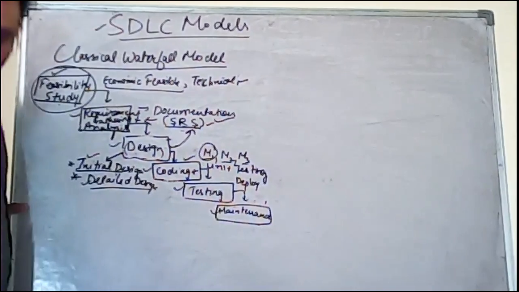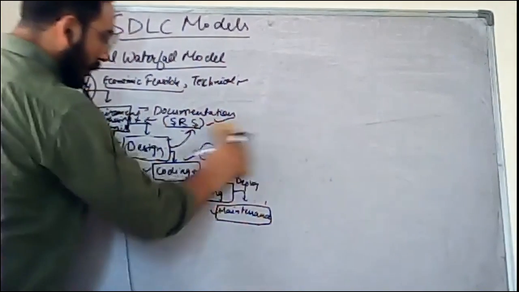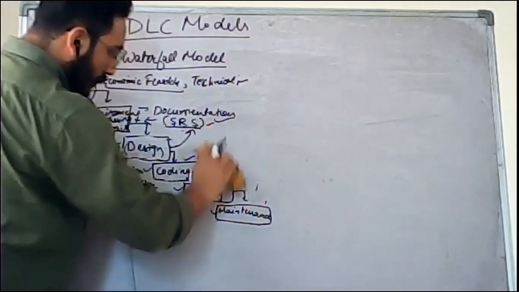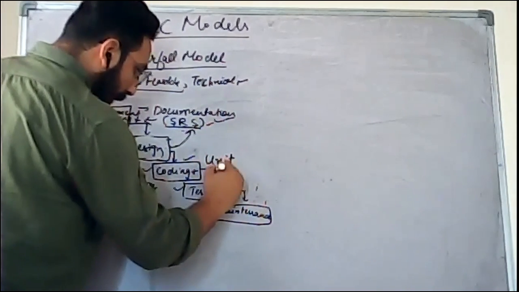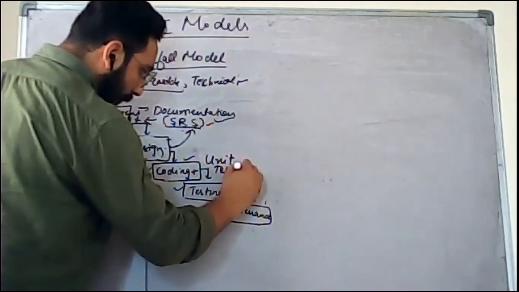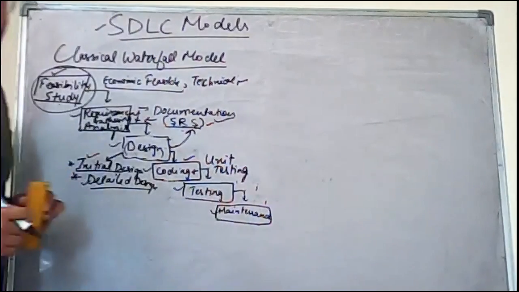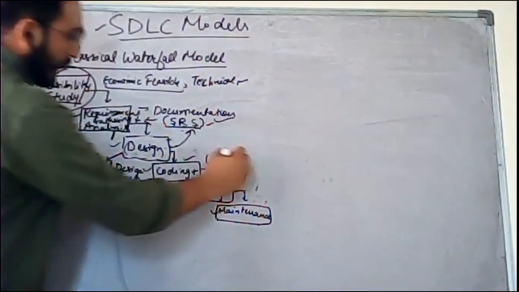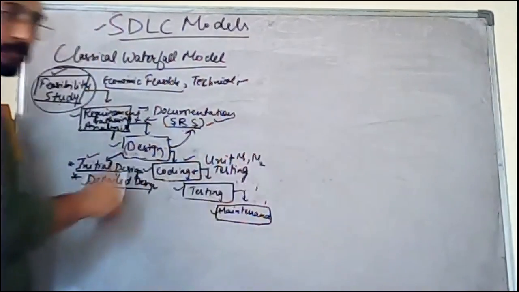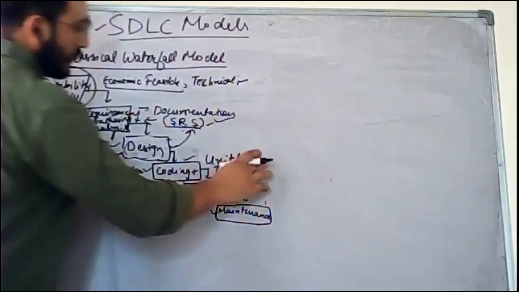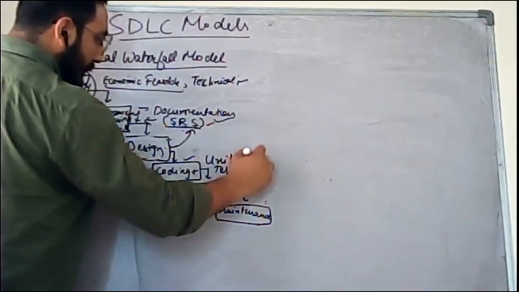Unit testing is there while coding. Unit testing means if there is module 1 and module 2, we have to test these modules unit-wise.